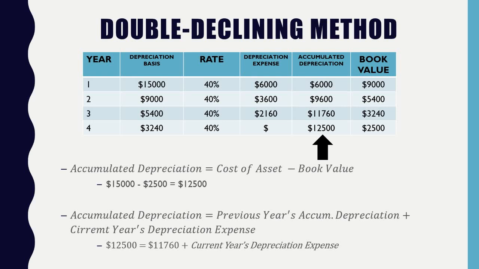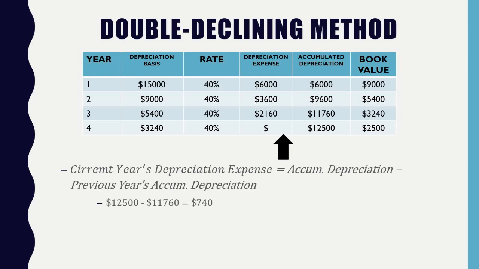So in this case, the formula to solve for the accumulated depreciation is going to be the cost of the asset minus the book value, which in this case, we take our 15,000 and subtract the 2,500 to get a total of 12,500. So that's my accumulated depreciation.